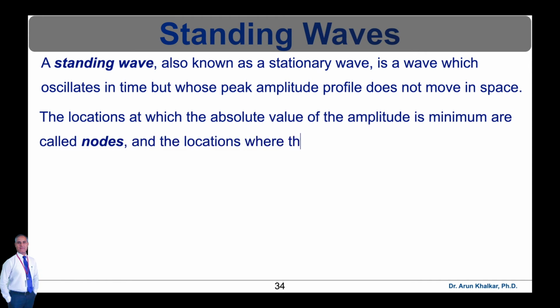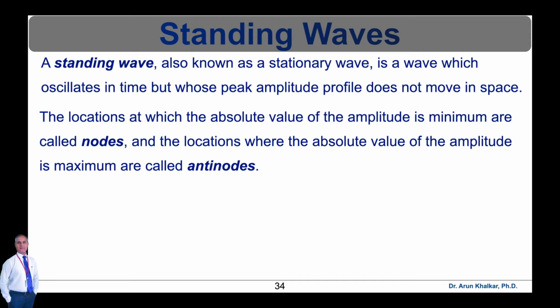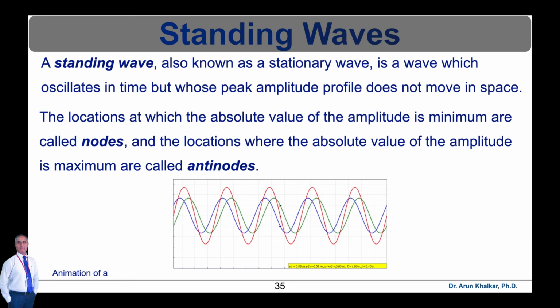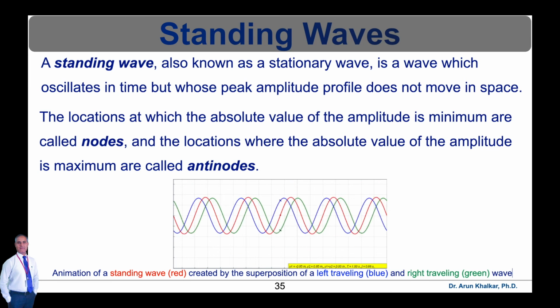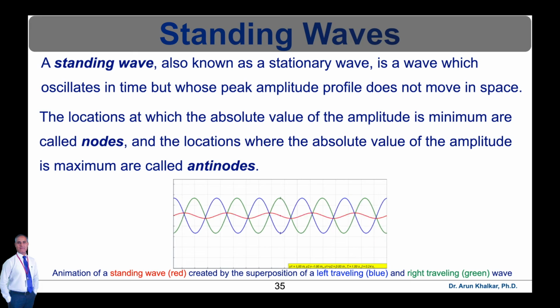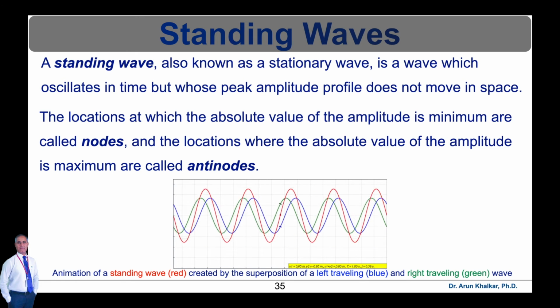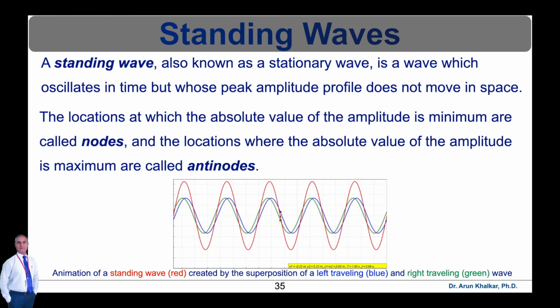The locations at which the absolute value of the amplitude is minimum are called nodes, and the locations where the absolute value of the amplitude is maximum are called antinodes. As shown in this figure, the animation of a standing wave, that is in red color, created by the superposition of the left traveling blue wave and the right traveling green wave, is shown.